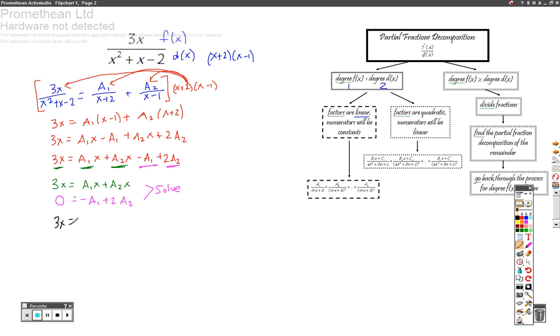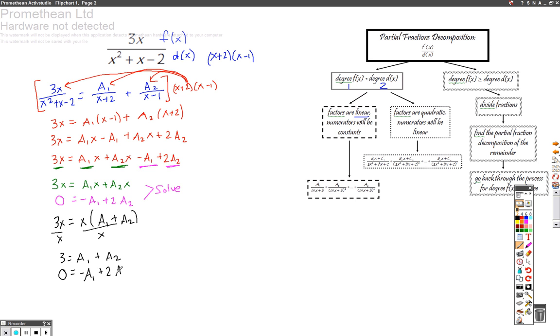I'm going to rewrite this as x times a1 plus a2. And if I divide out by x and divide out by x, this leaves me 3 equals a1 plus a2. And my other equation is going to be 0 equals negative a1 plus 2a2.